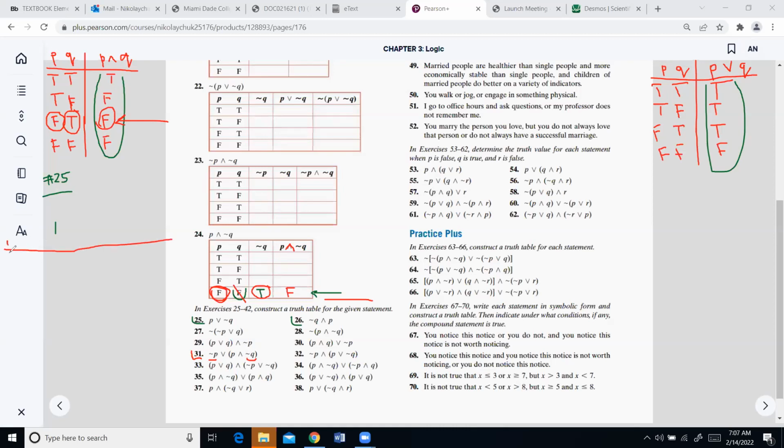So let me try to do this. I'm going to give myself plenty of room for this. I just prepare the start of the table with both T's, and then there is a T and F. Then there's an F and T, and there's an F and F. That's the same as for all the exercises, right?